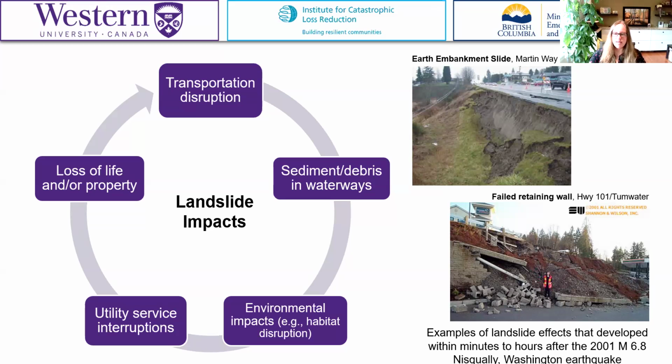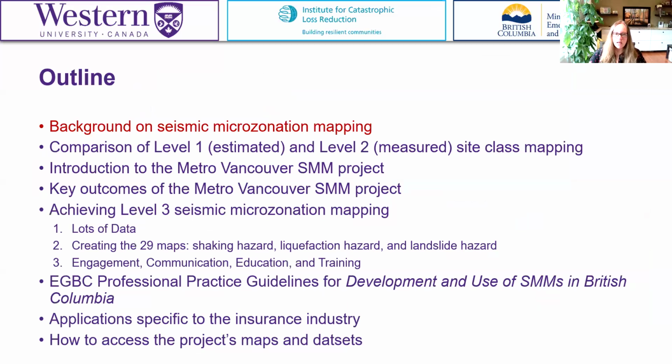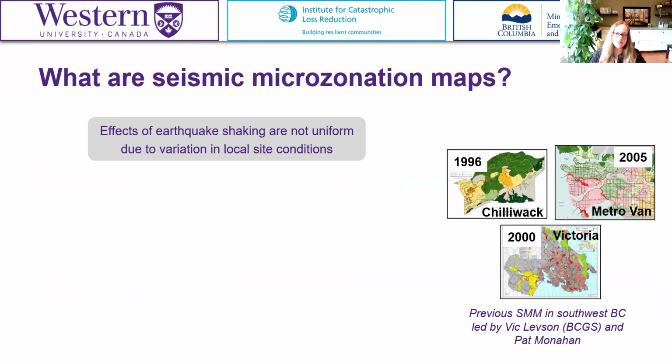So now it's time for me to discuss what regional seismic hazard maps are, or give us a background on seismic microzonation mapping. So the first take-home key piece of fact is that earthquake shaking is not uniform ever in any earthquake due to variation in local site conditions.